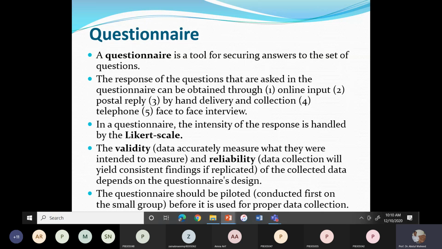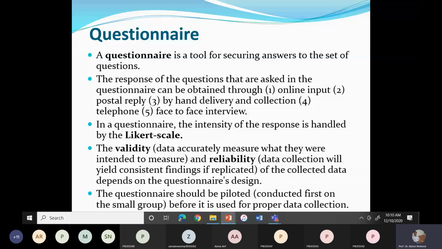Whenever you design a questionnaire and suppose you have to get responses from 100 persons, you cannot begin with the full 100%. Maybe you will get responses from 10%, and it should be a pilot study.